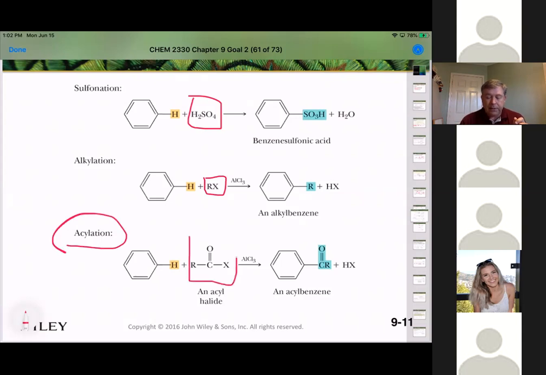And in an acylation, we're creating the positive charge on a carbonyl carbon, okay? So when we generate that positive charge on that carbonyl carbon, that carbonyl is the part that's going to attach to the benzene ring and generate our hydrogen. And in this case, usually whatever this is here takes the hydrogen as the base, okay? But the mechanism in all of these reactions is exactly the same. Generation of a positive charge, attack by the benzene on the positive charge, and then kicking out of a hydrogen.